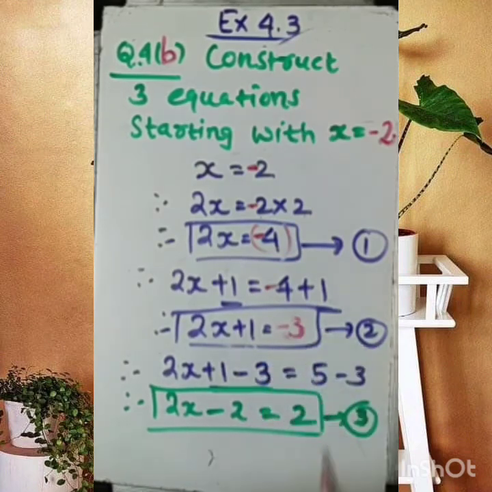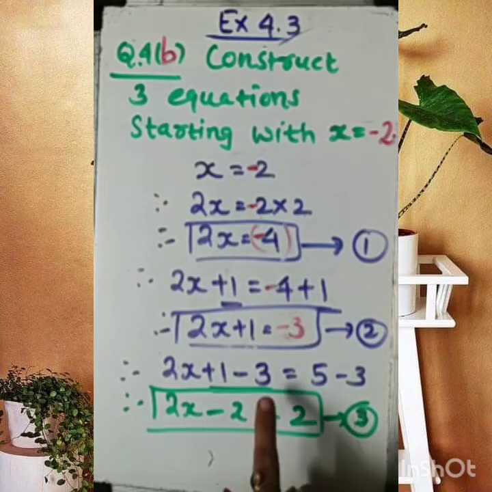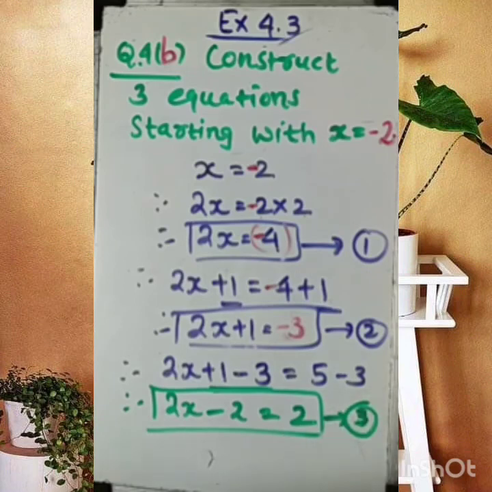This is minus 3. Now dear student, as you know very well, here I am subtracting 3 from both these sides, okay. If I am subtracting 3 from both these sides, then what do I have here?